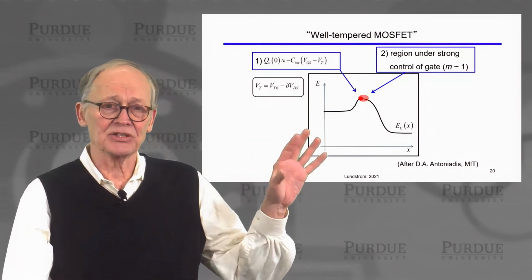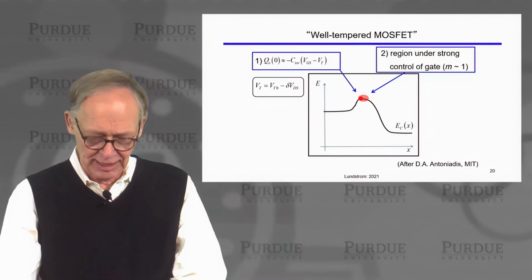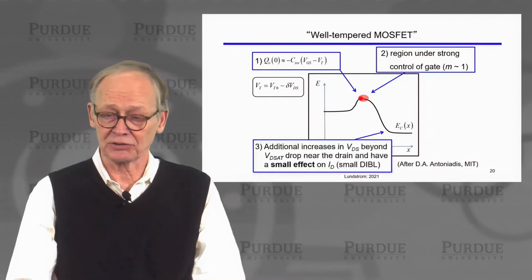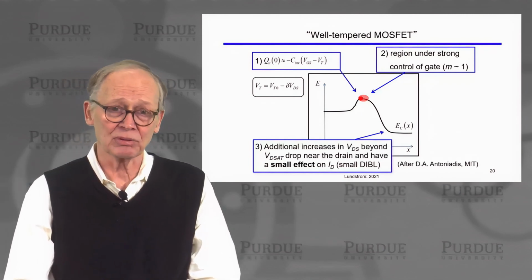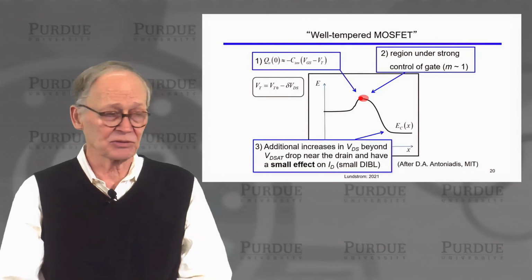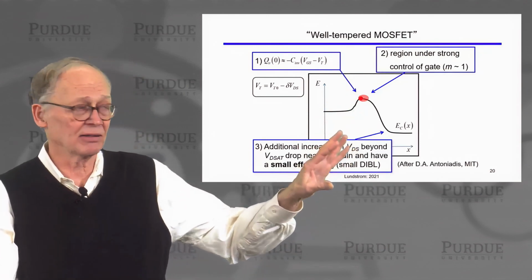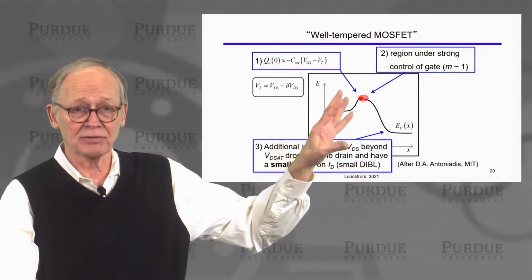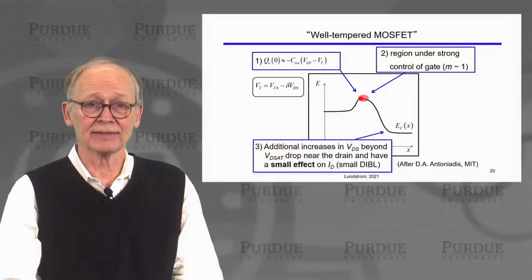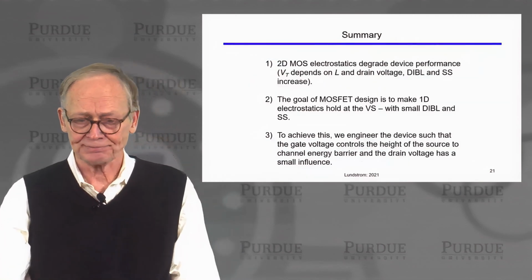And that's the region that is strongly under the control of the gate with an m parameter that's close to 1. If we increase the drain voltage, we don't pull down the barrier in a well-designed transistor. The increased voltage is dropped near the drain end of the channel, and the source end of the channel and the virtual source itself are only very weakly affected. If that's the case, we have a well-tempered MOSFET.